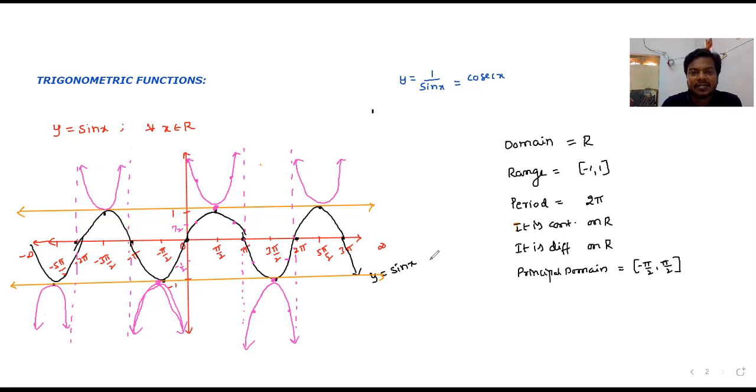And for this graph, what is the domain? Observe, it is defined for all x belongs to R minus n pi. Why? Because at pi not defined, at 0 not defined, 2 pi not defined, at 3 pi also it is not defined. Why? Because sin 3 pi becomes 0. Okay. So the domain can be written as R minus n pi, where n belongs to integers. And see the range of the function.